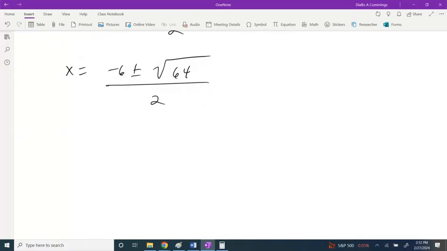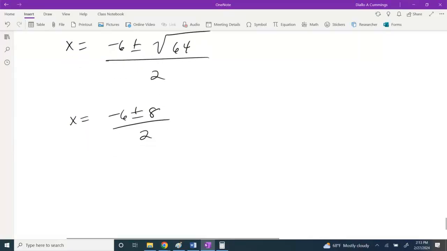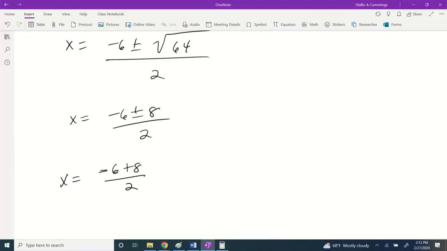The square root of 64 should be 8. So I have -6 plus or minus 8 over 2. Now this plus or minus is going to separate out our two answers. So x is going to equal -6 plus 8 over 2 and -6 minus 8 over 2.